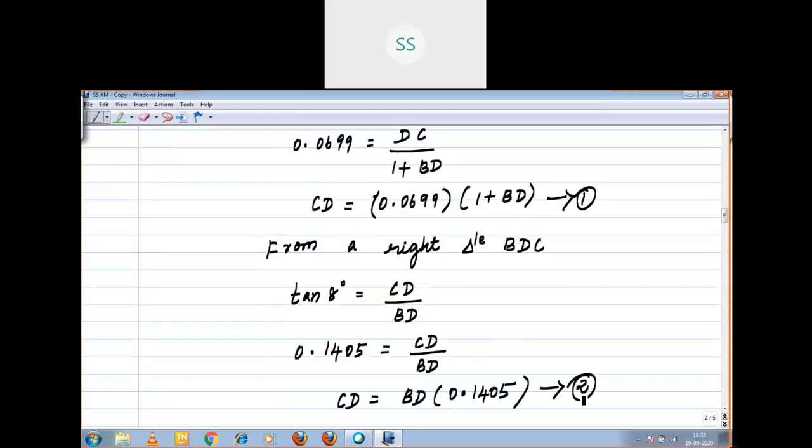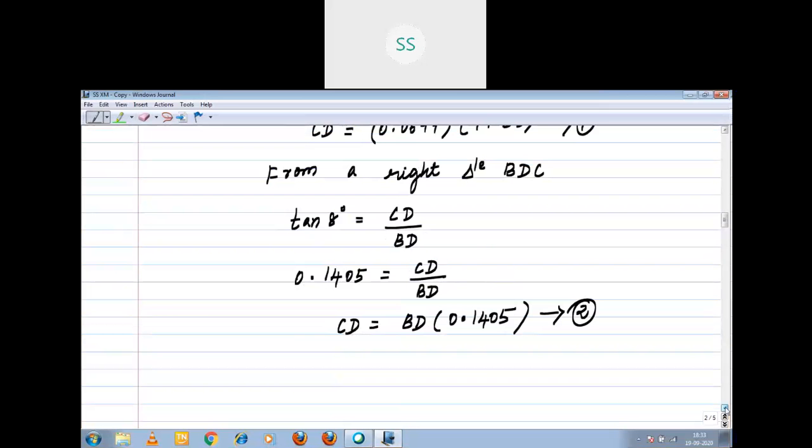Now, what is your CD? CD equals BD into 0.1405.